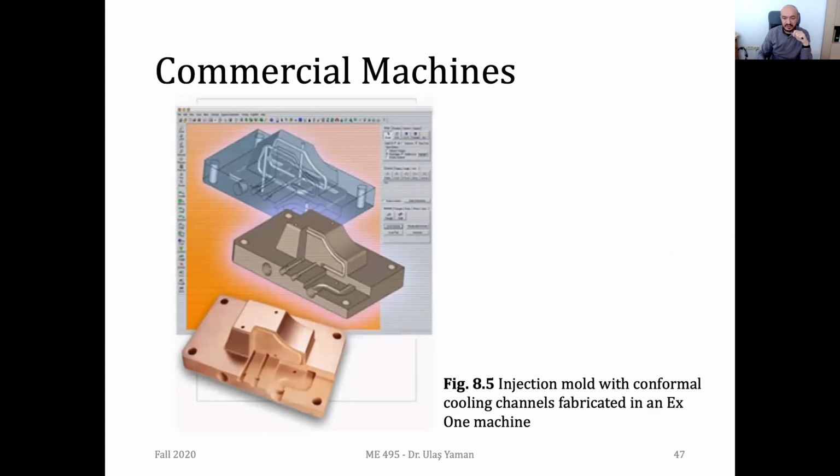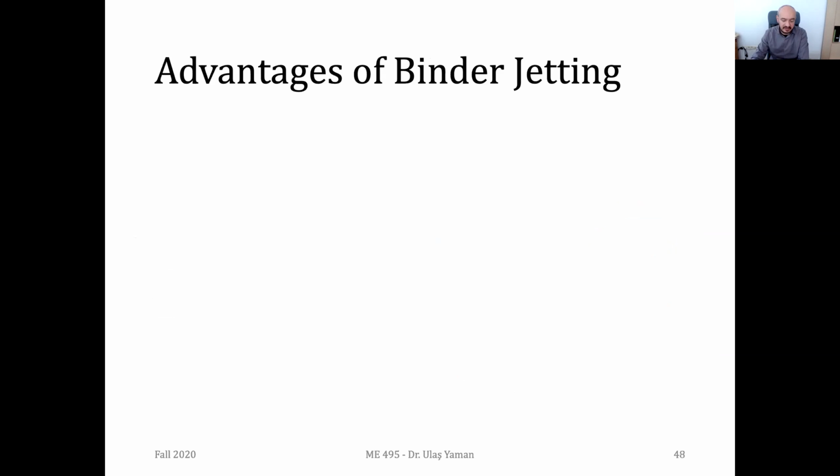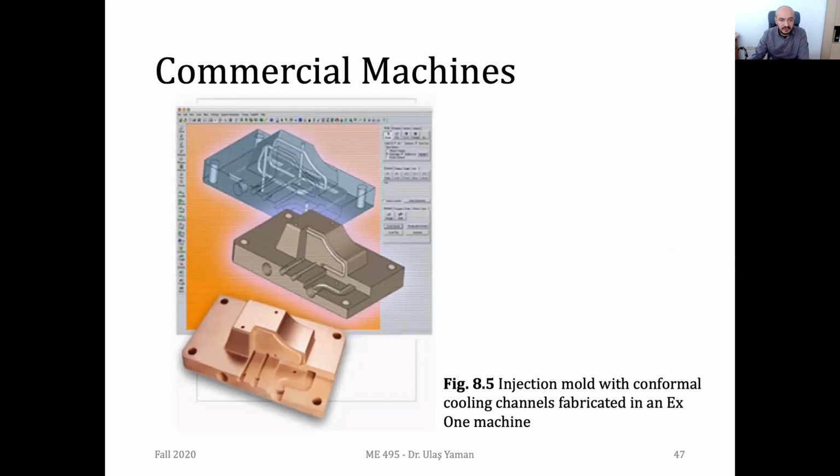And the commercial systems are using similar CAM software. They import the STL models into their CAM software, and then simply fabricate them. The advantage is that since the product is fabricated in a powder bed, you can have such channels, especially in sand molds.